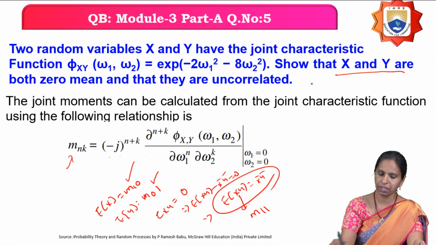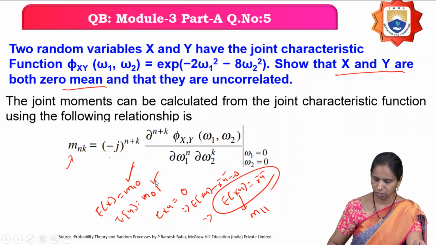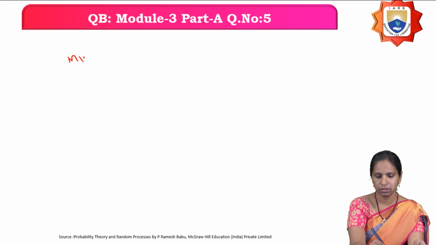So in order to calculate the means, you have to calculate m10 and m01. Now what is m10? It is the expectation of x power 1 into y power 0.